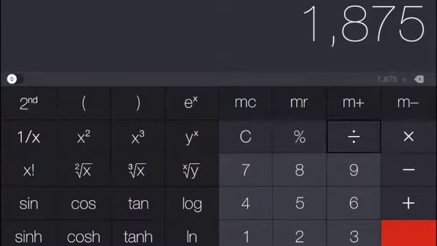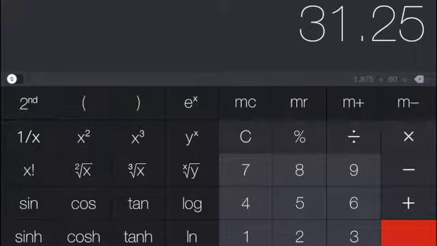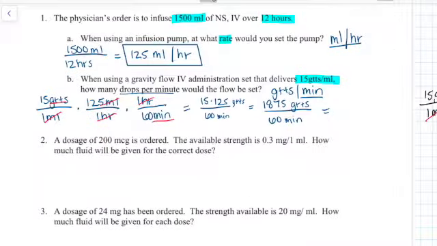Divide 1875 by 60 is 31.25 drops per minute. But we can't have a 0.25 of a drop, so round down, and that equals 31 drops per minute.